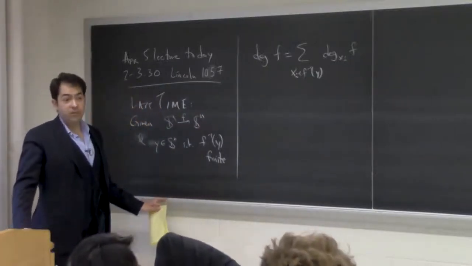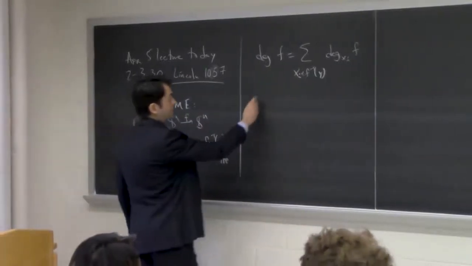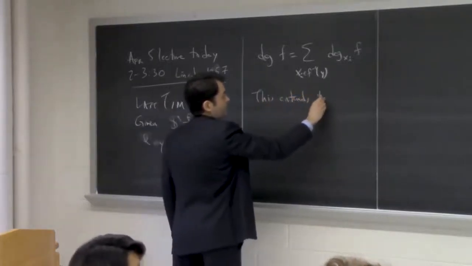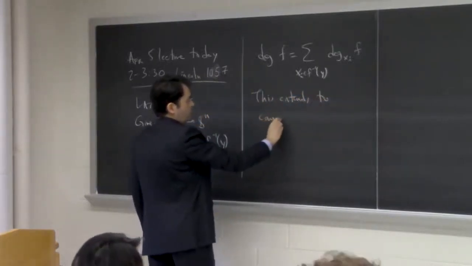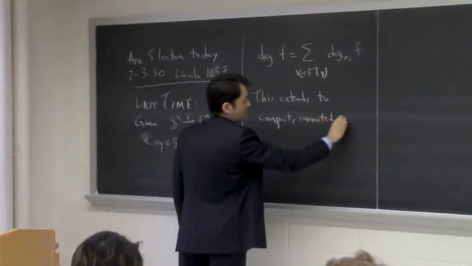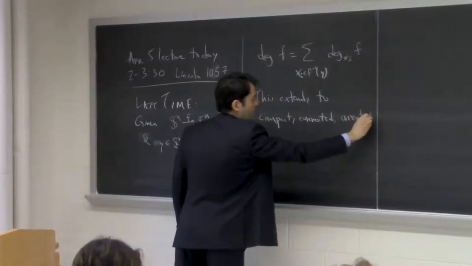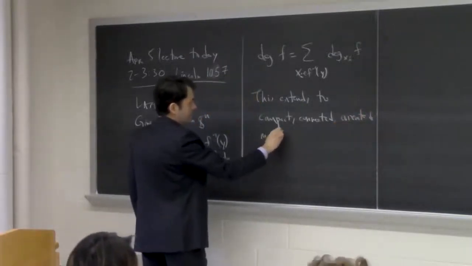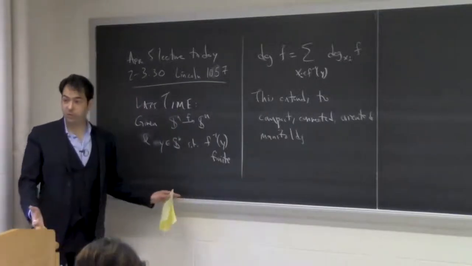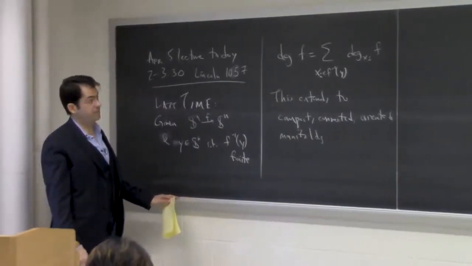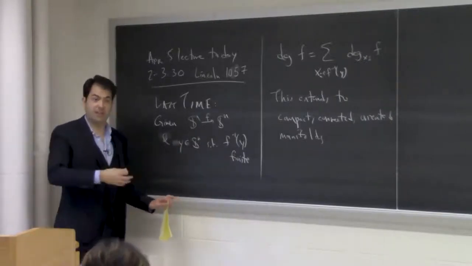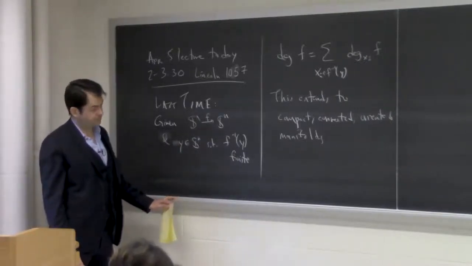Okay, and we saw that this extends to compact, connected, oriented manifolds. Right? Both the fact that there is a degree and that you can compute it using the local degrees whenever you have a point with finitely many inverse images.